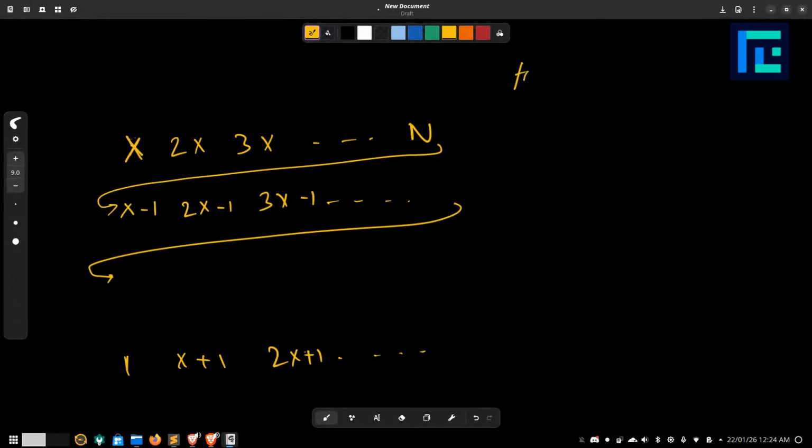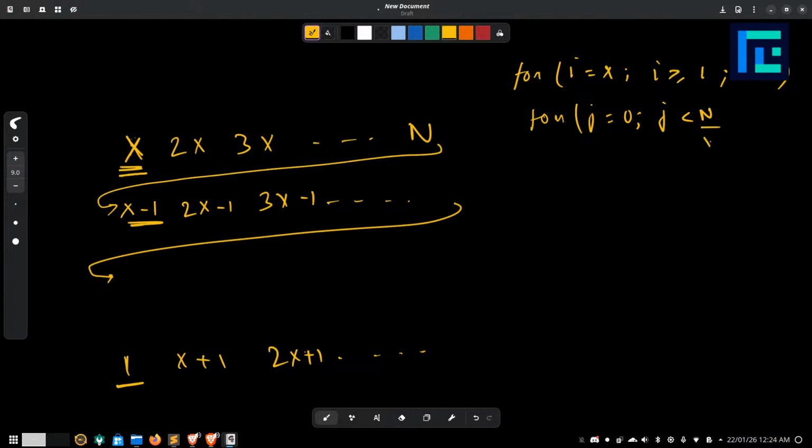Basically, we'll run a for loop for i is equal to x, which is this, till i greater than or equal to 1, i minus minus. So we are for looping on the first numbers, and then we can again run another for loop. j is equal to 0, j is less than n by x, j plus plus, because there are n by x numbers in each segment. And then we can simply do cout i plus j into x.